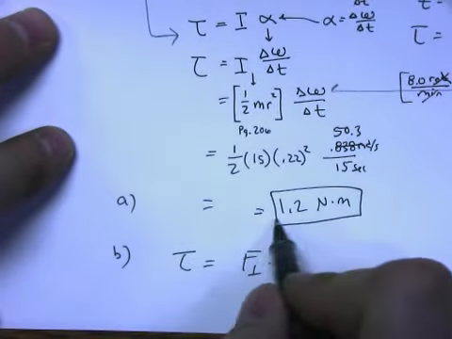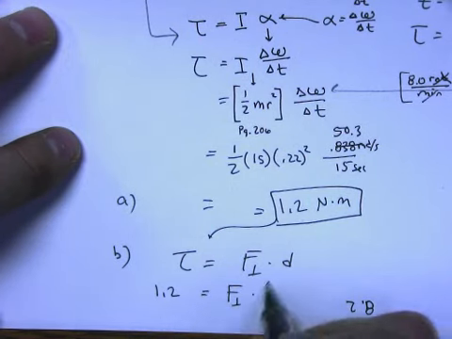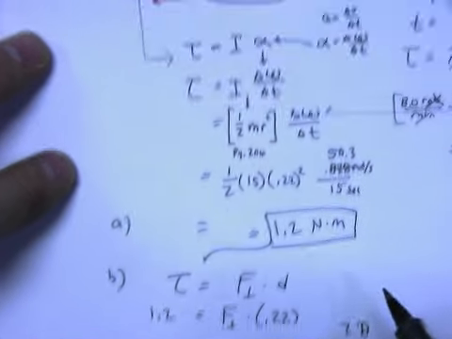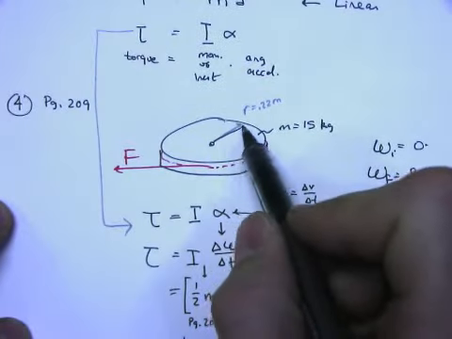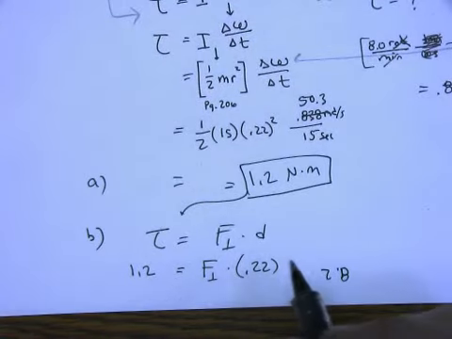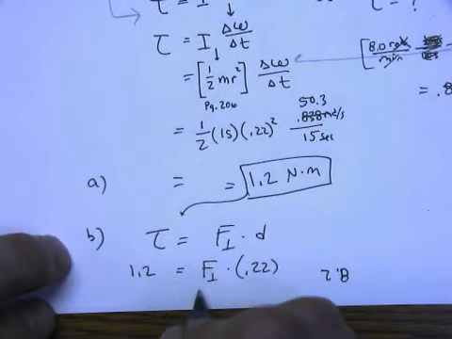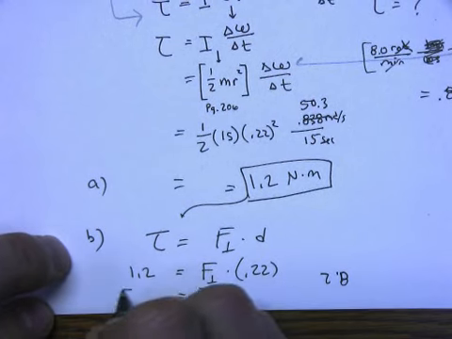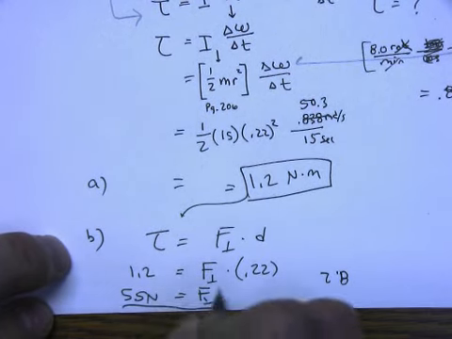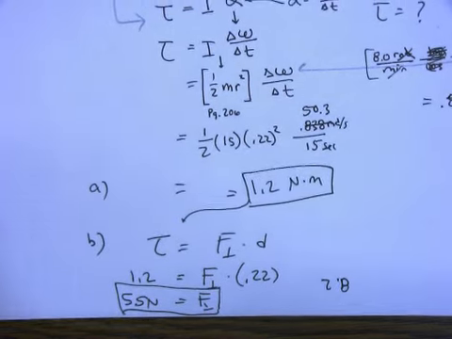We know our torque has to be 1.2. We're looking for the force, and the distance is 0.22 meters, which came from my radius. So I take 1.2 divided by 0.22, and you get 5.5 newtons.